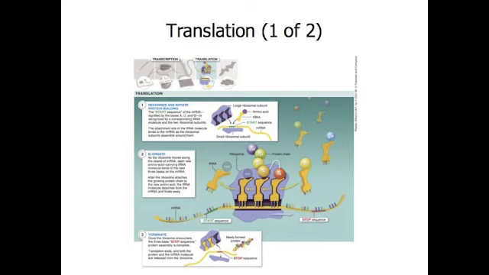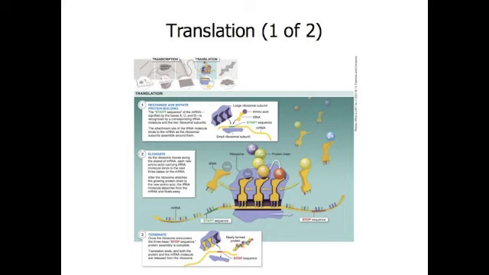The ribosome then facilitates the connection of this second amino acid to the first. After the first amino acid carried by its tRNA molecule is attached to the second amino acid, the first amino acid's tRNA molecule detaches from the mRNA and floats away.